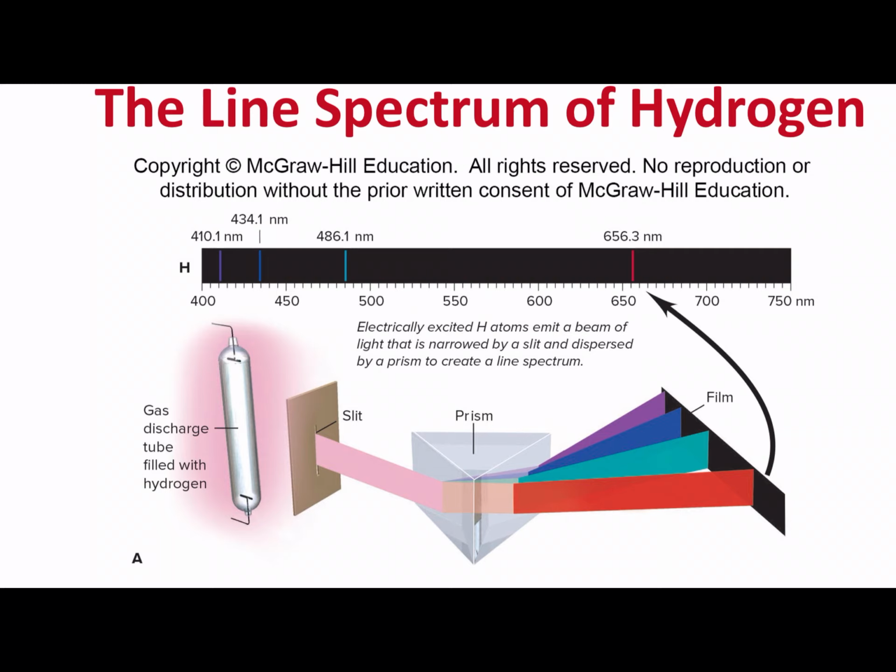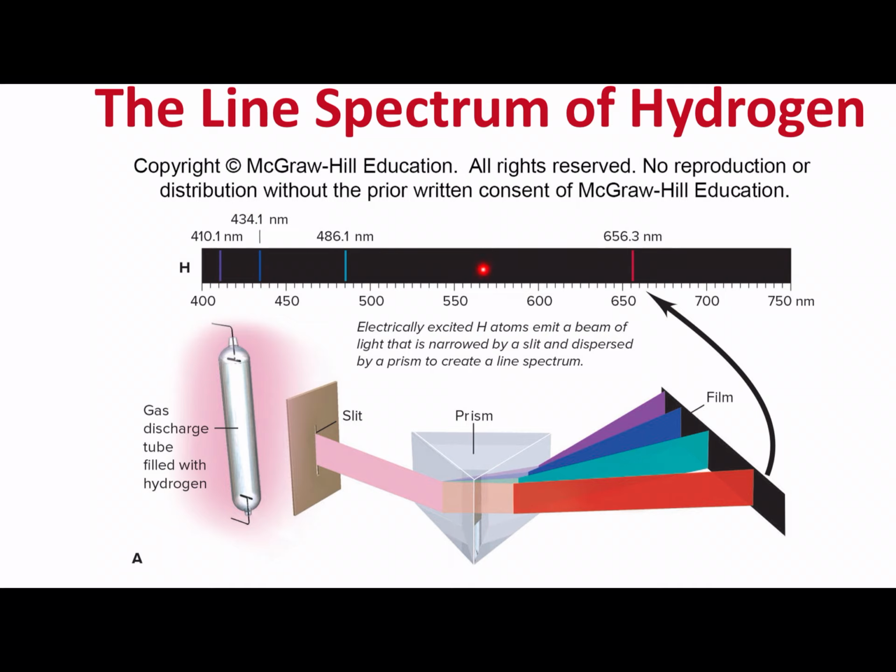Those 4 lines that I just showed you: the red one, when it comes from energy level 3 to 2, appears in the red region. When it comes from 4 to 2, this is in the blue region. The indigo one would be 5 to 2, and this violet one is coming from the 6 to 2 transition.